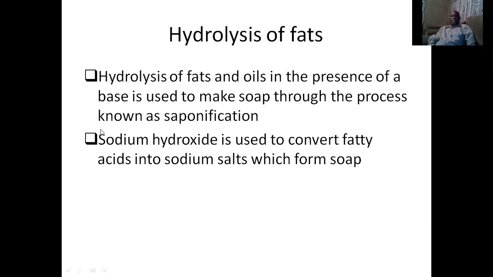In other words, during the hydrolysis of fats, where you have these fats and you want to convert them back to glycerol and the fatty acids, we add water to the fats, and then you form the glycerol and fatty acids. And to these fatty acids you can add a base, say sodium hydroxide, and you form sodium salts, which is a combination of soap that we use in our everyday life.